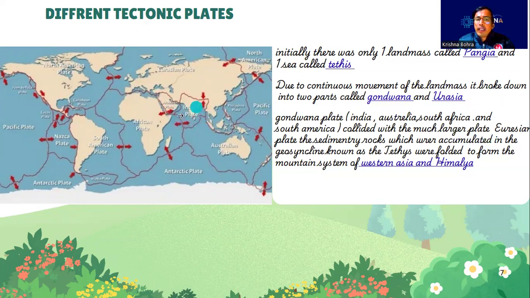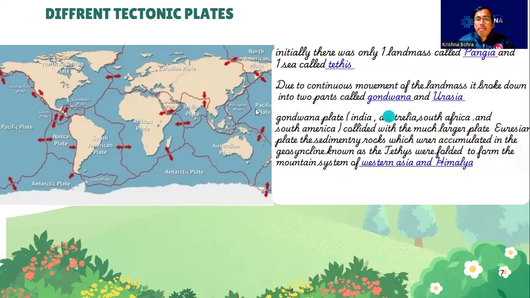So the Indo-Australian and Eurasian plates are important for today's class because these two plates are responsible for the formation of different physical features in India.